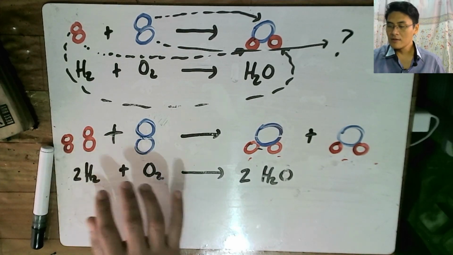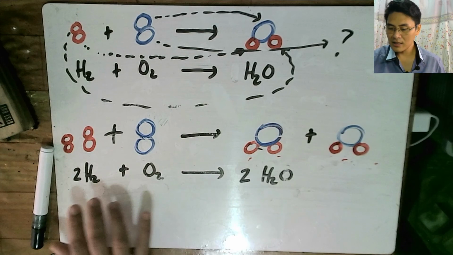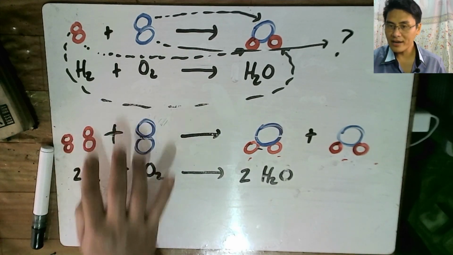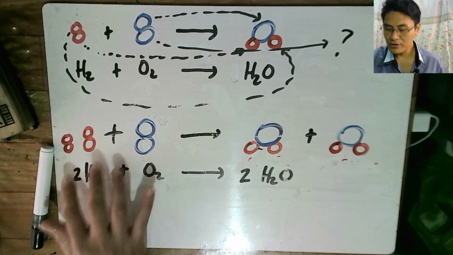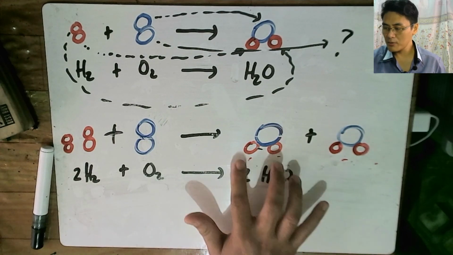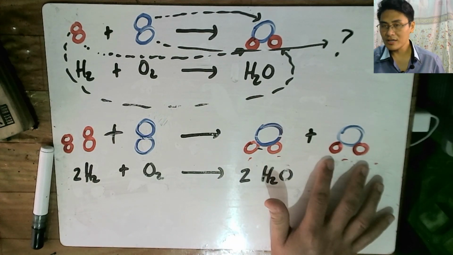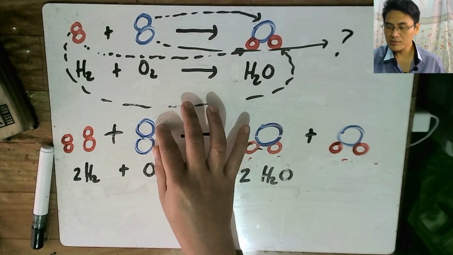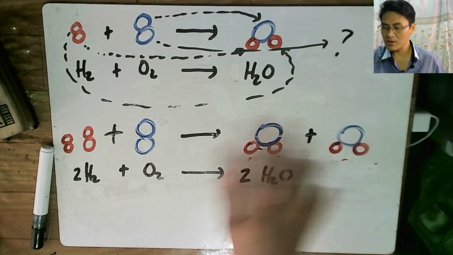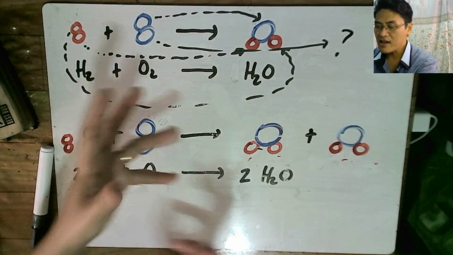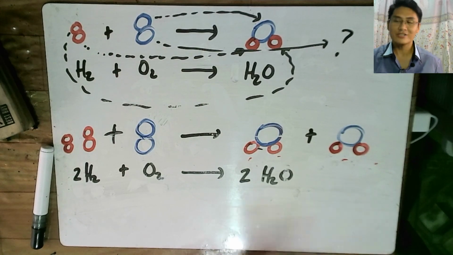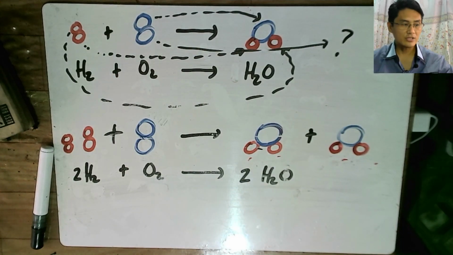And again, with that, you can see that you started with 4 red balls or hydrogen atoms, and you ended up with 4 hydrogen atoms. Here you have 2 oxygen atoms. You ended up with 2 oxygen atoms. The only difference is, again, they rearranged into new configurations, which is the whole point of a chemical equation. Okay?